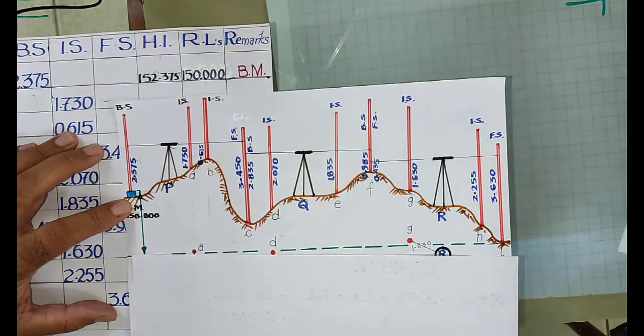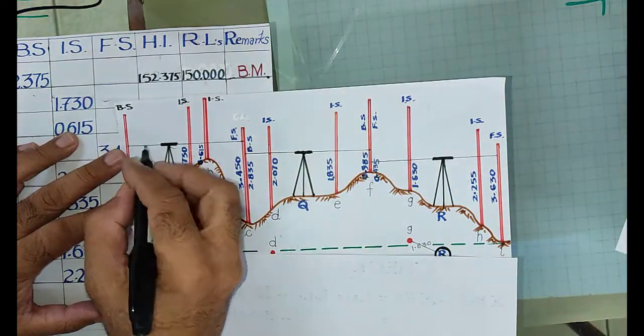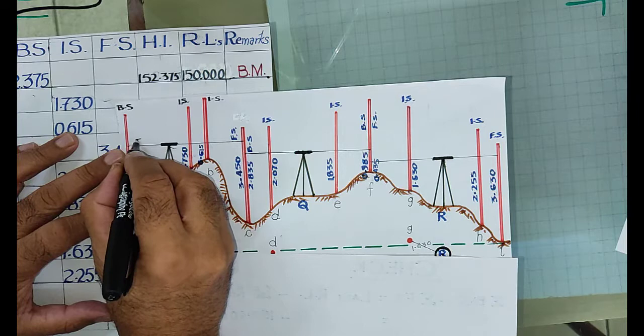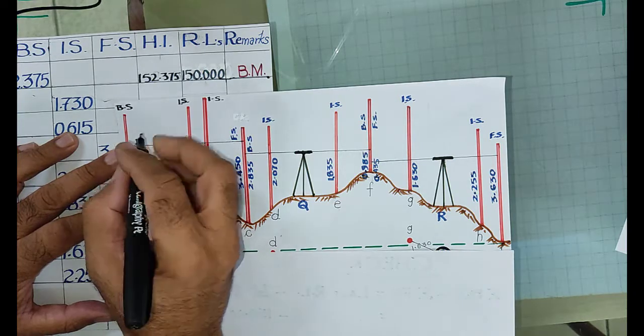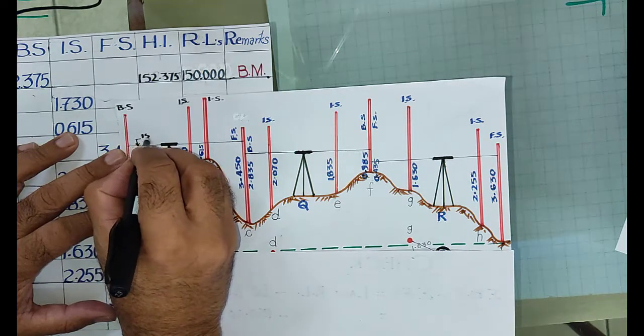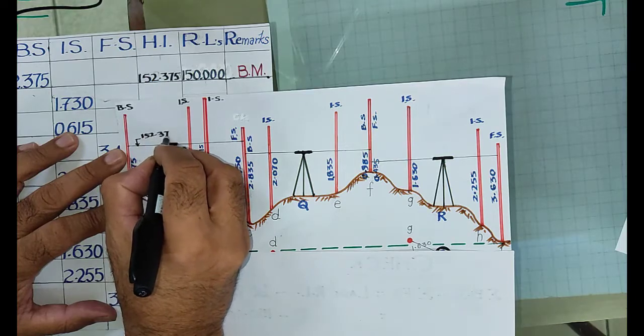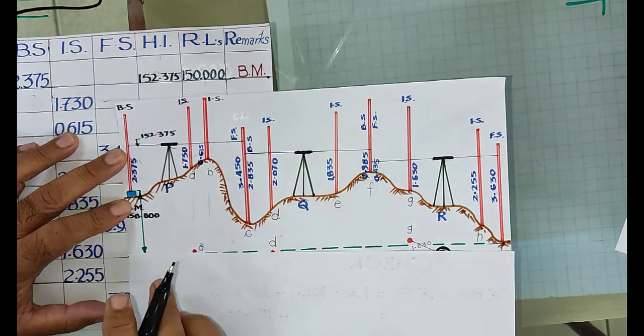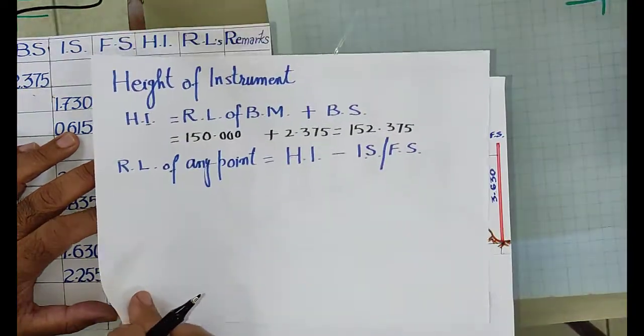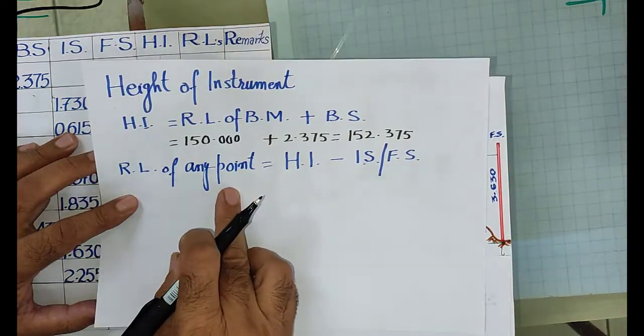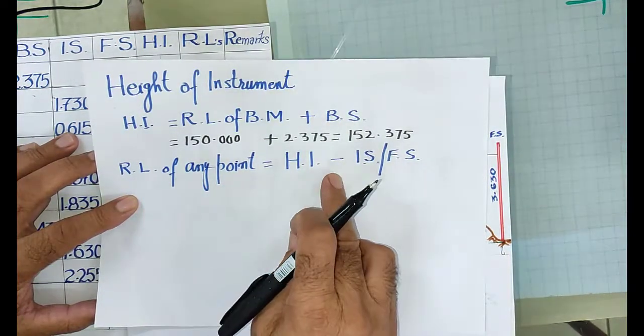So this comes to be the height of this line, 152.375. Okay, now the next formula is to calculate the RL of any point: height of instrument minus intermediate side or foresight.